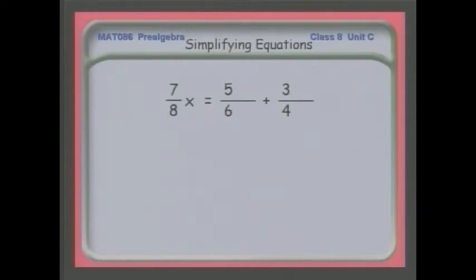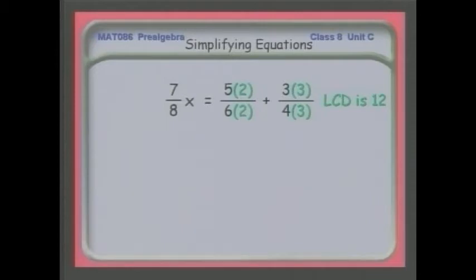I need to find a common denominator or a least common denominator, whatever you prefer. We can see here if we start looking, if I start multiplying 6, 12, and so forth, and then 4, 8, 12, I find right away that a least common denominator is 12.